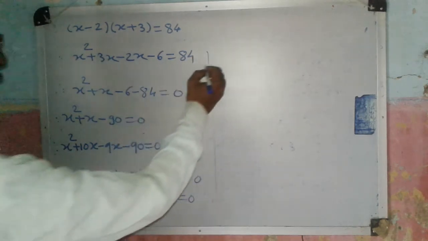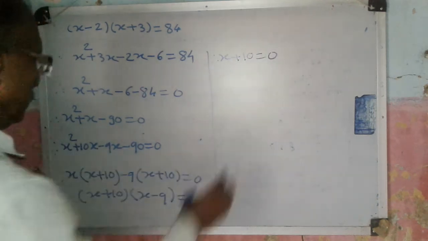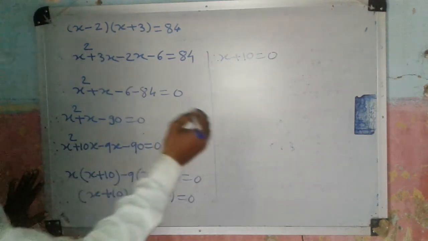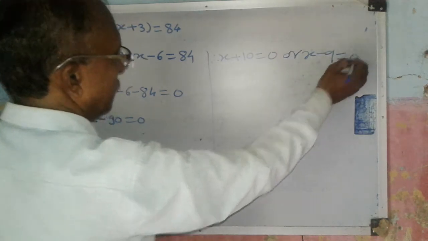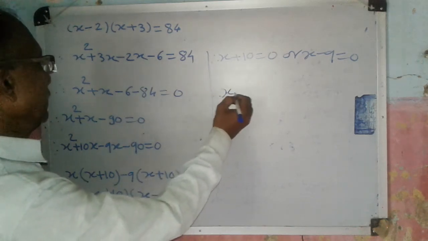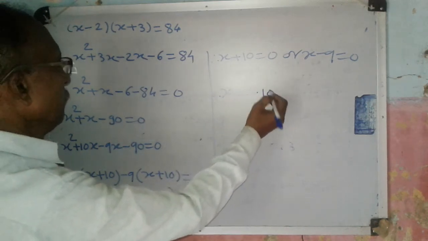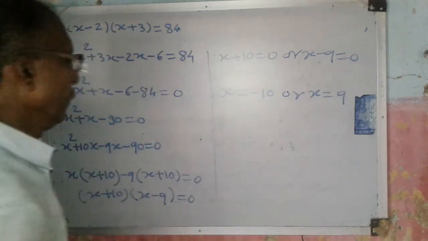And therefore x plus 10 is equal to 0, or x minus 9 is equal to 0. Therefore x is equal to minus 10 or x is equal to 9.